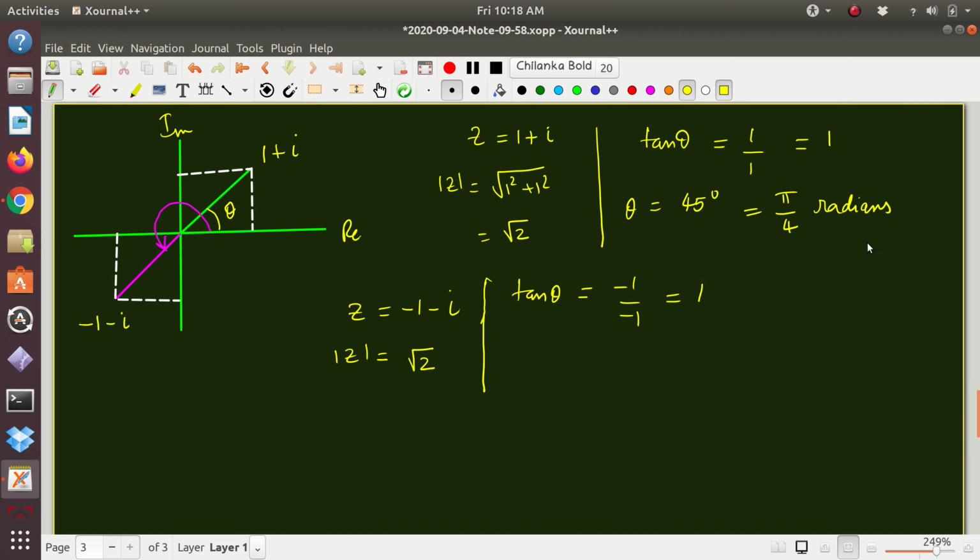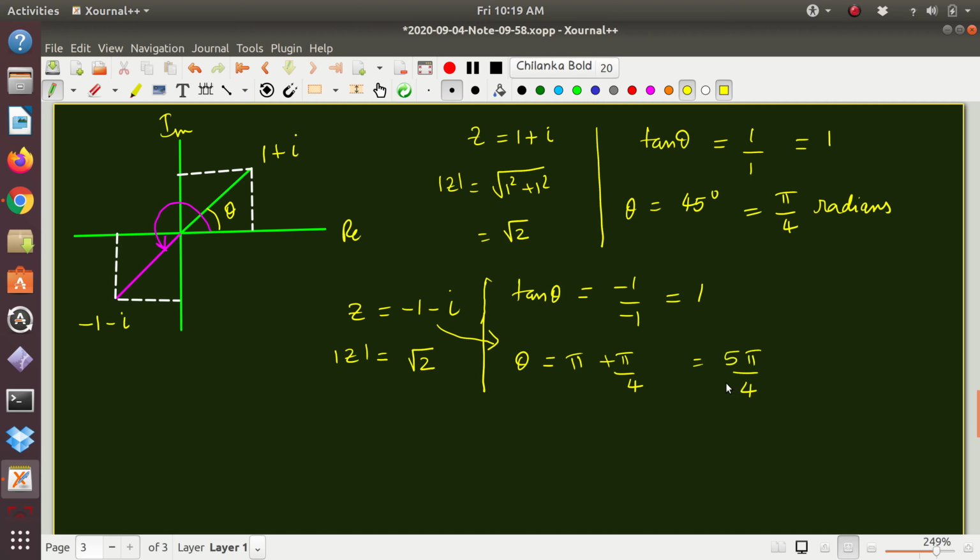You cannot write theta as 45 because you have to account for the fact that this point lies in the third quadrant. So this is 180 degrees or pi radians, and from here it is another pi by 4. So theta for this point is pi plus pi by 4, which is nothing but 5 pi by 4.